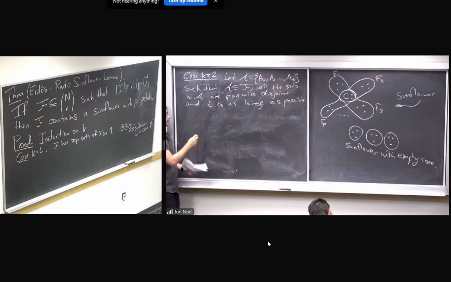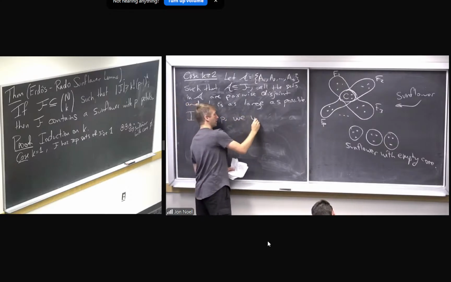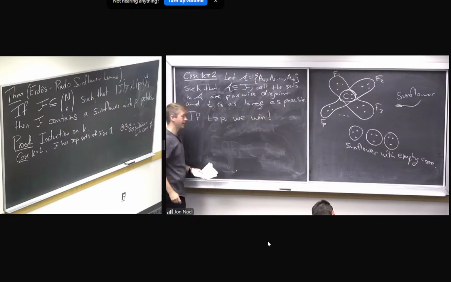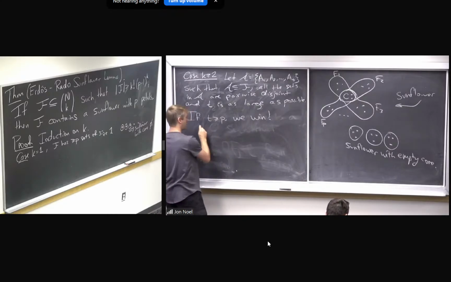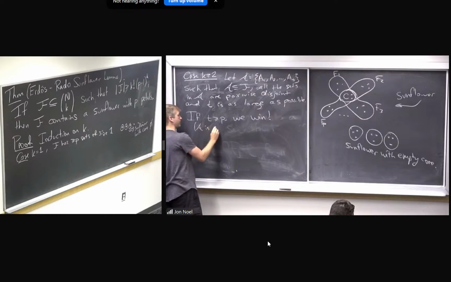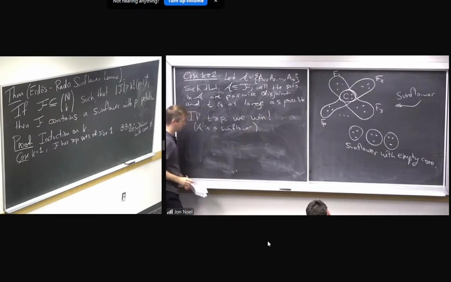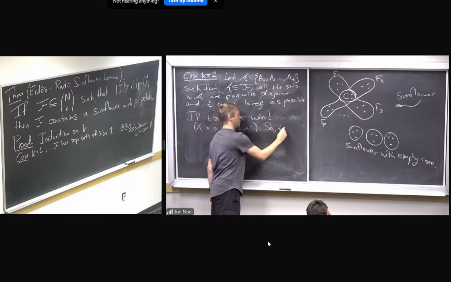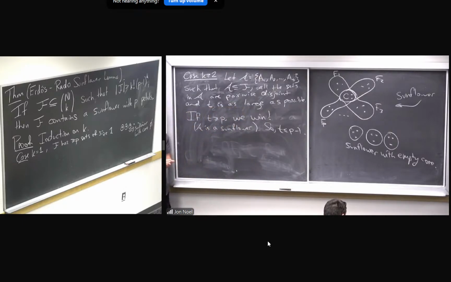Well, this observation we just had is that if T is at least p, then we win, right? Because then A is a sunflower with p petals. Okay, so we're going to assume T is at most p minus 1, right?